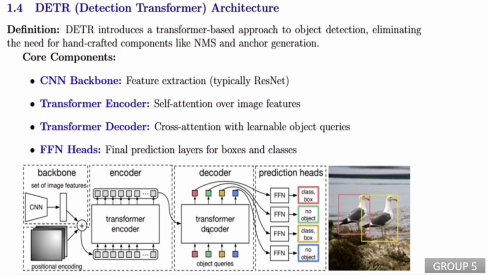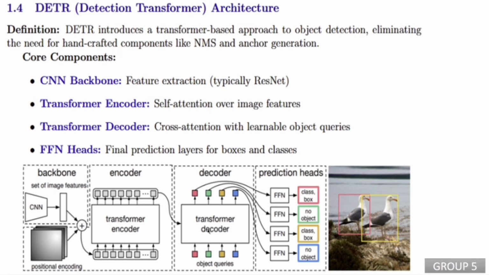This allows DETR to capture global context, something convolutional detectors struggle with, making it highly effective in cluttered scenes or when objects are overlapping. One of DETR's key innovations is the use of bipartite matching loss, also called Hungarian loss, which ensures a one-to-one matching between predicted objects and ground truth.